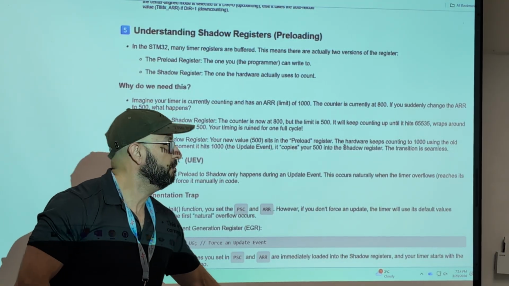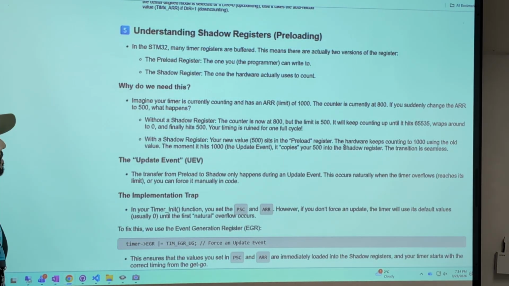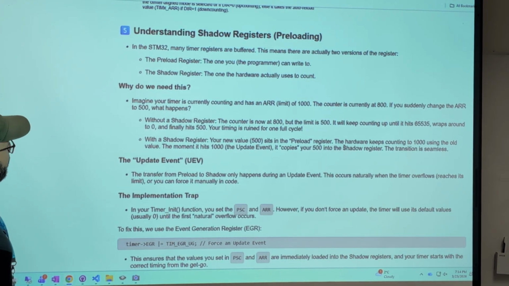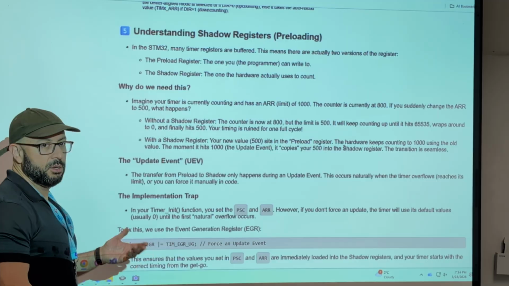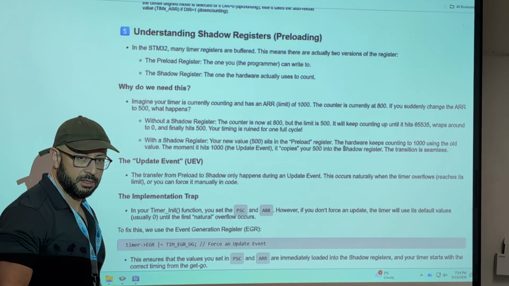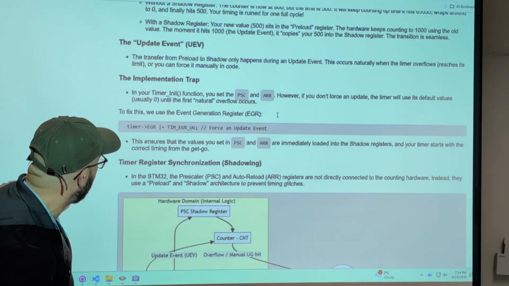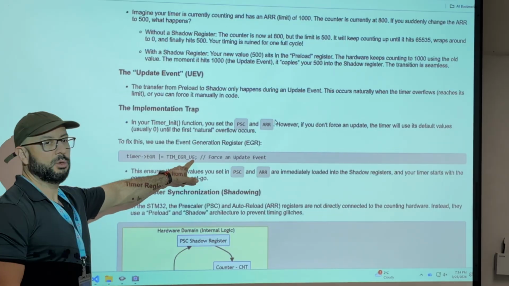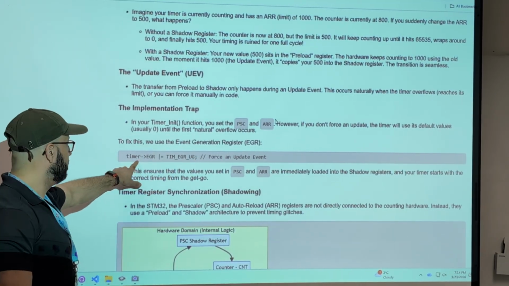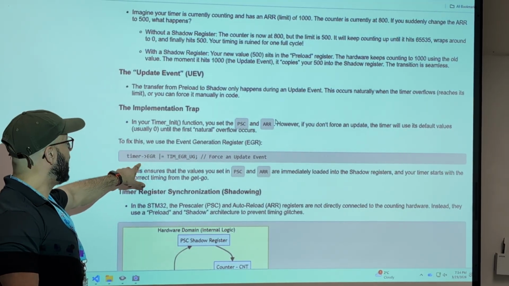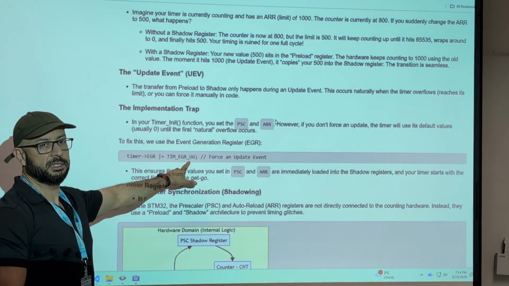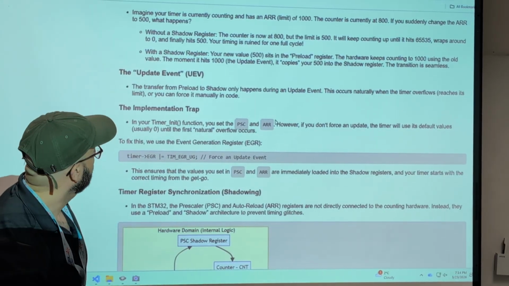It explains everything in much detail. So far, we've been writing these values, but we haven't been using this. And this is basically the one line that you need to add when you're initializing your timer. And I explain here why you need this line.